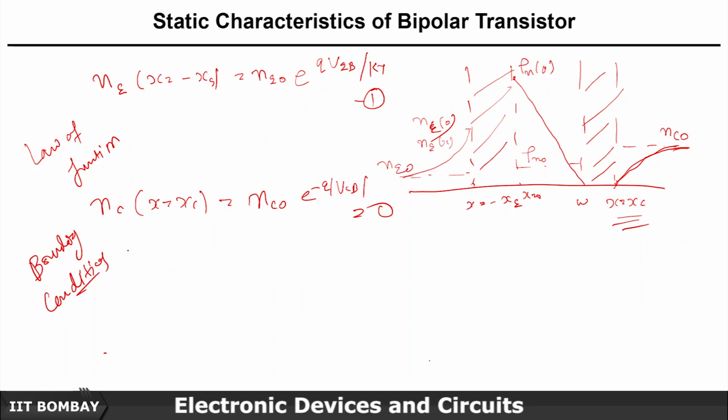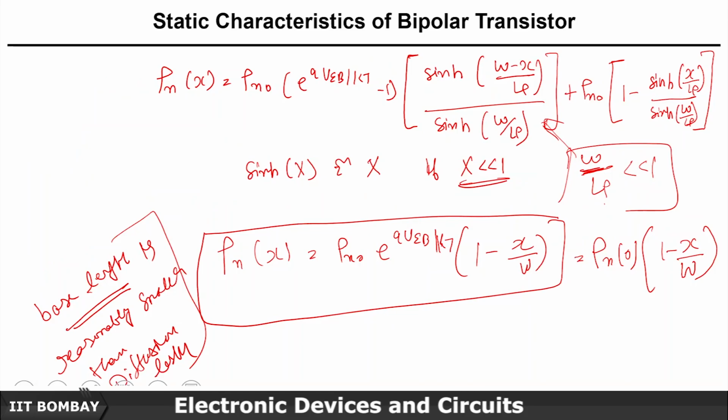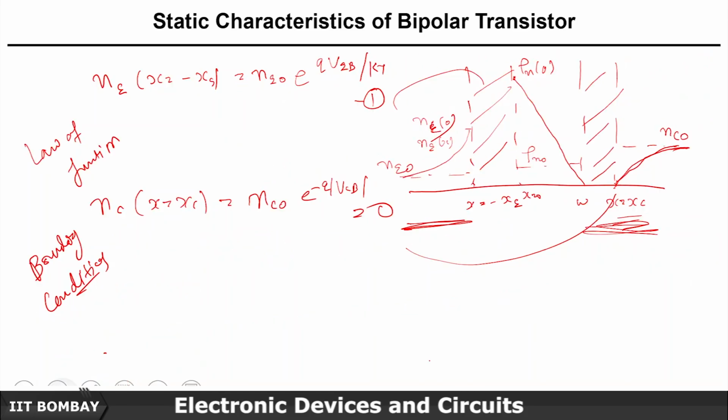And if we write down the field-free steady-state continuity equation for these two regions, for which we have some boundary conditions, and implement that, we can get the same expressions as we got for Pn(x), if you remember. So I'm just writing the expressions directly. If you wish, you can derive them; there is no need otherwise.